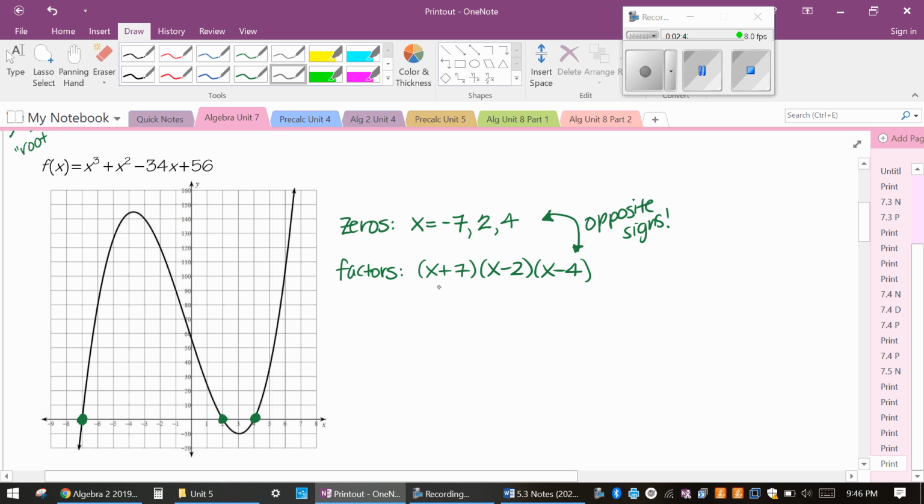If you were to solve each factor and set it equal to 0, you would see x is -7. Right? If you set each one of these equal to 0, you don't actually have to write this if you don't want to, but it could help you when you're looking at your notes again. There's the 2, etc. So zeros have opposite signs as the factors.